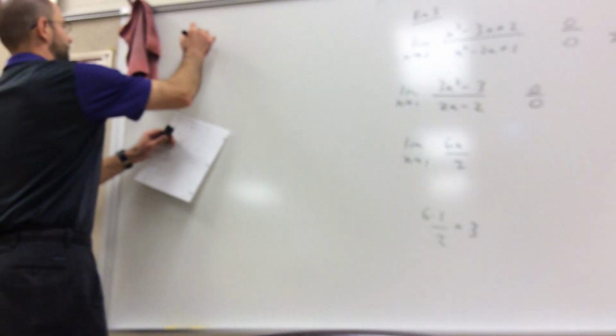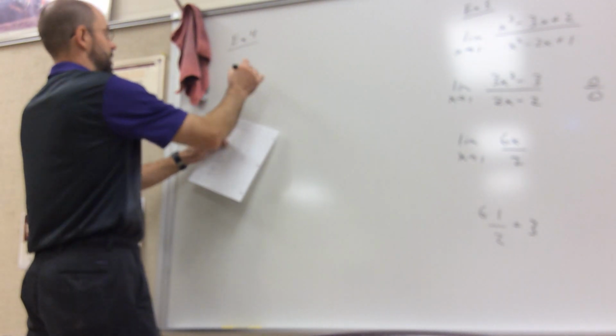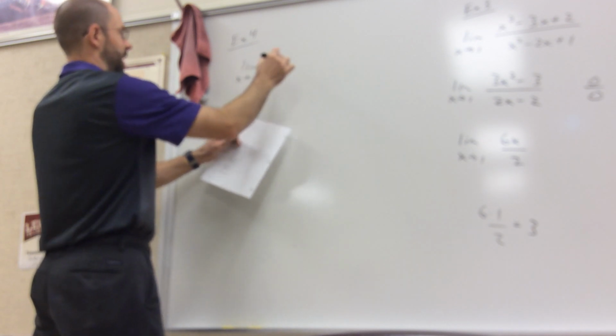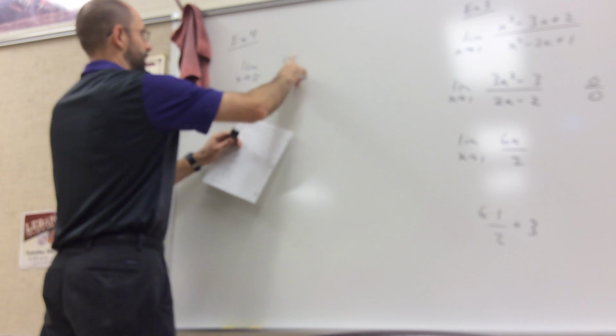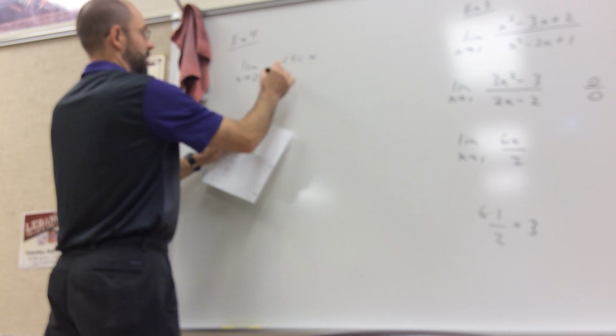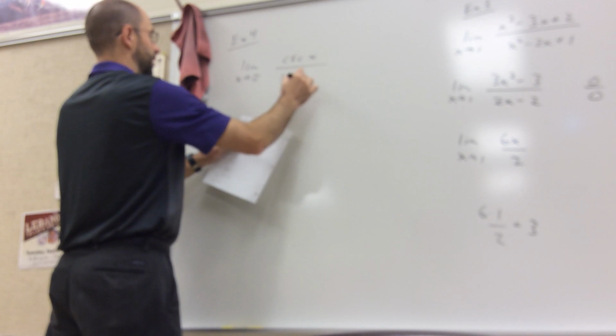All right, let's see. Here's example 4. This is the limit as x approaches pi of cosecant of x divided by 1 plus cotangent of x.